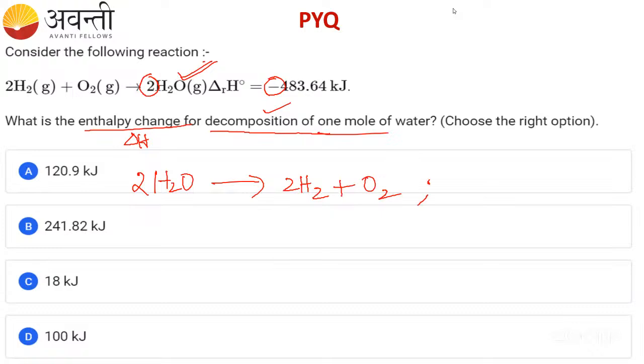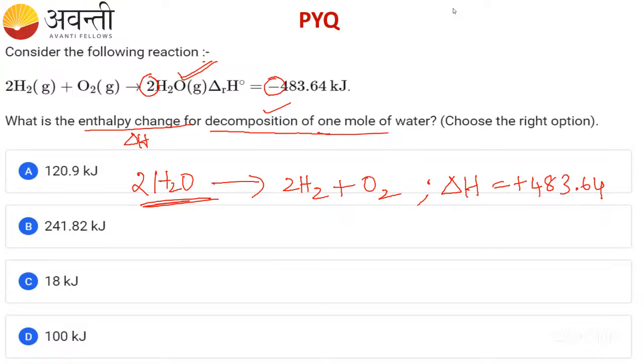So for this reaction, delta H will be equal to plus 483.64. This is called decomposition: one reactant breaking down into 2 or 3 products.